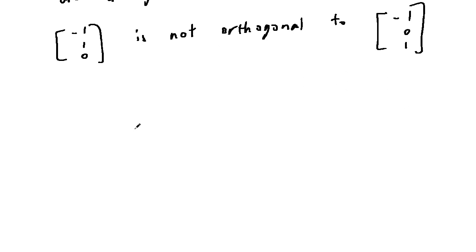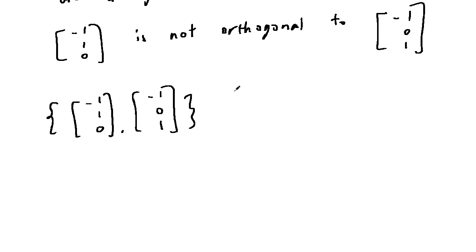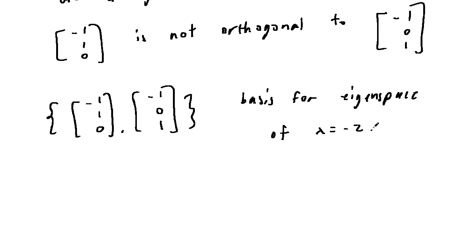In order to get two eigenvectors in the eigenspace of lambda equals -2 that are orthogonal to each other, we can apply the Gram-Schmidt orthonormalization process to the basis for the eigenspace of lambda equals -2.